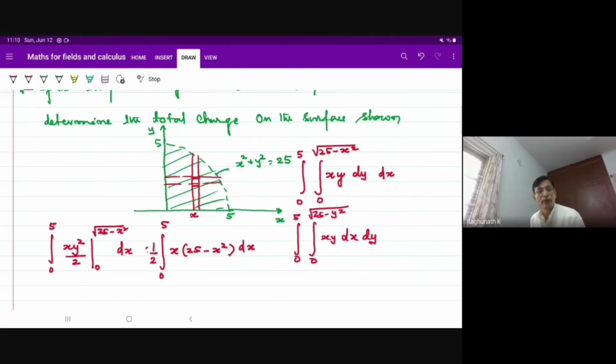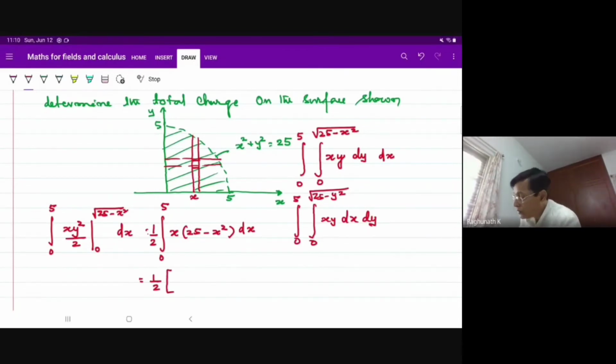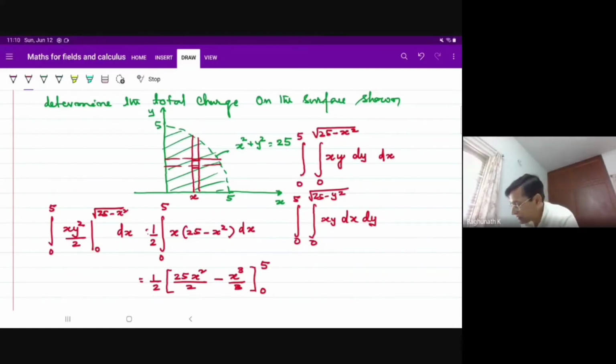This can be done. Then the answer is half of 25 x squared by 2 minus x to the power 4 by 4, from 0 to 5. Sir, x power 4, sir. X power 4 by 4. Very good. The value of it is what?